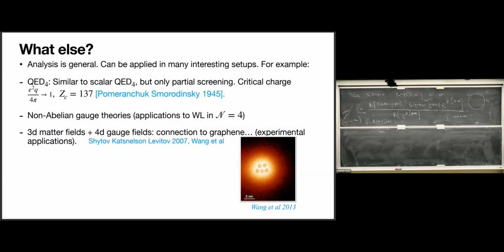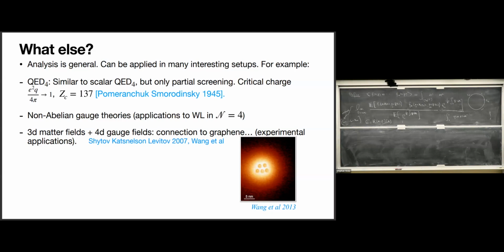There are a few differences. One is that the criticality appears at e squared Q over 4 pi equals 1, instead of 2 pi. And this gives us a critical charge of 137, which might ring a bell because it's 1 over alpha, okay?